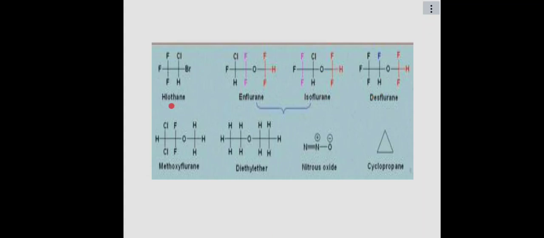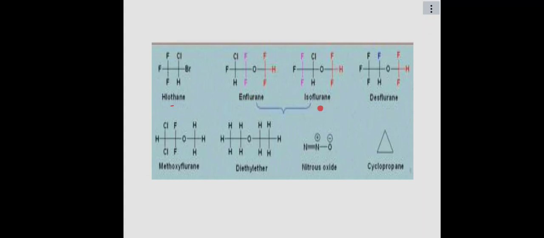And these are some of the examples. Of course, you can have the halothane. If you look at the halothane, you can see this is a halogenated hydrocarbon. It is a hydrocarbon, but it is halogenated in that it has bromine, chlorine, and fluorine. It has actually the three main halogens. Then you have enflurane. Again, you can see enflurane has chlorine, has fluorine, and it does not have bromine. And then we have isoflurane.